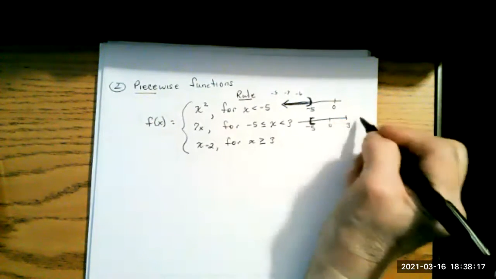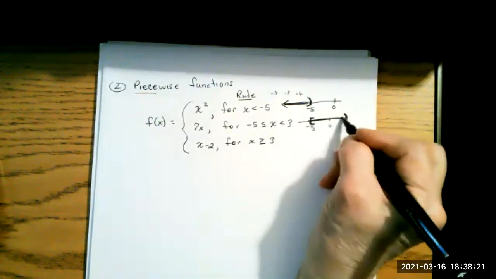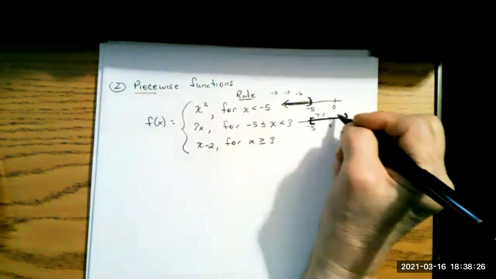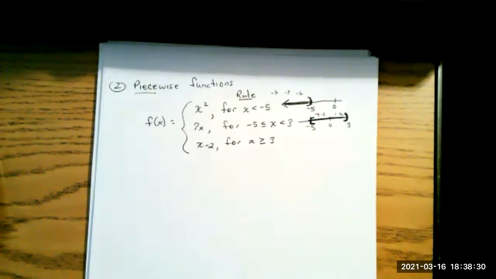So this is where my values are. I'm looking at things like -4, -3, -2, -1, 1, 2, 3. Those numbers that are in that region, those are the ones that I want.